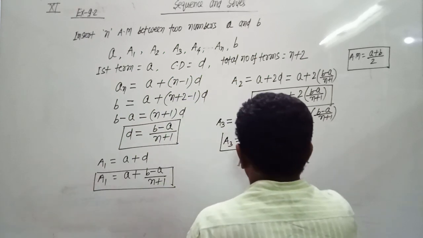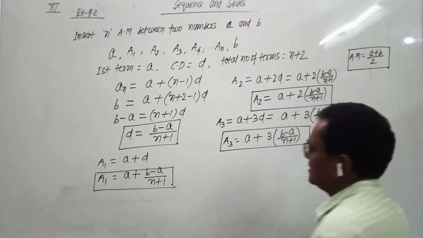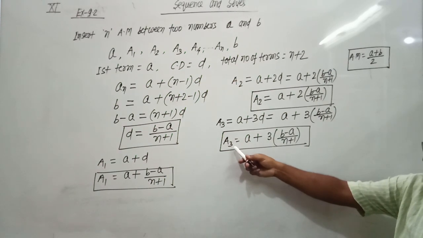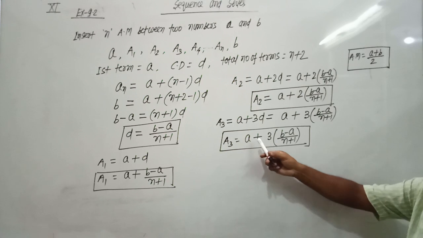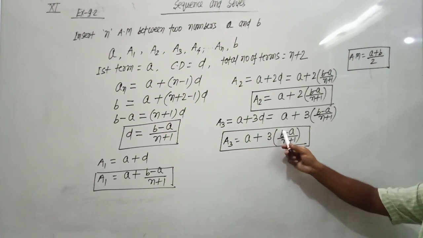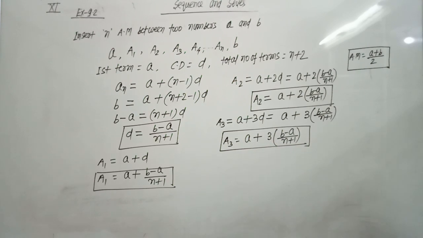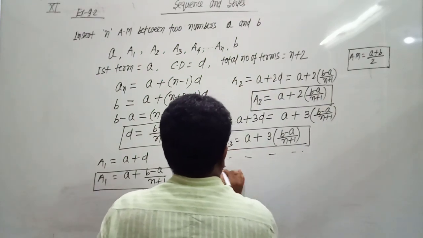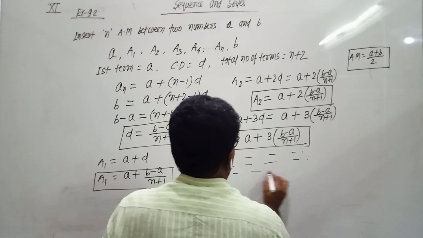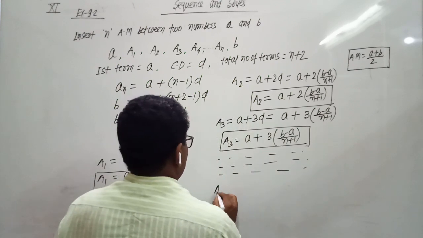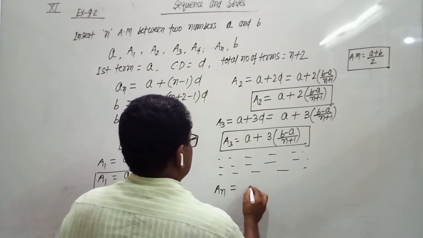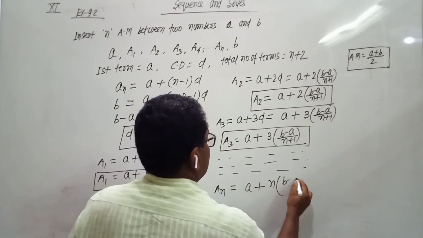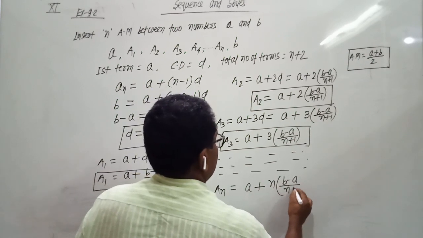This is the third arithmetic mean. Similarly, for the fourth arithmetic mean, A4 equals A plus 4 into (B minus A) upon (n plus 1). And likewise, the nth arithmetic mean, An, is calculated by using the formula A plus n into (B minus A) upon (n plus 1).